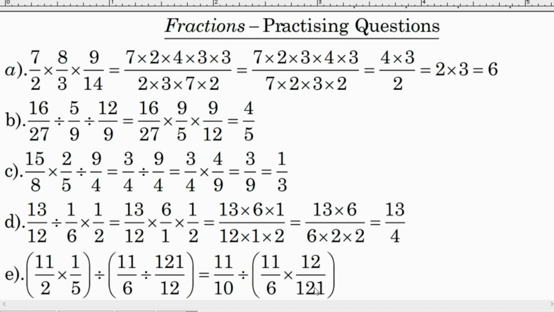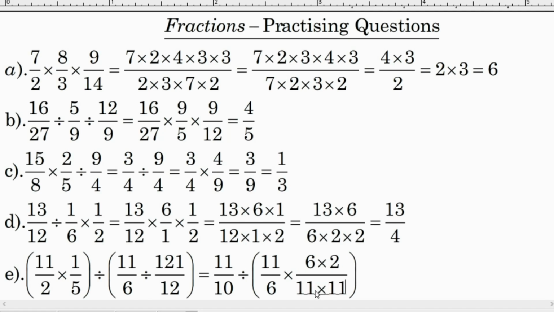Okay, so let me tell you that 12 can be written as 6 multiplied with 2, and 121 can be written as 11 multiplied with 11.